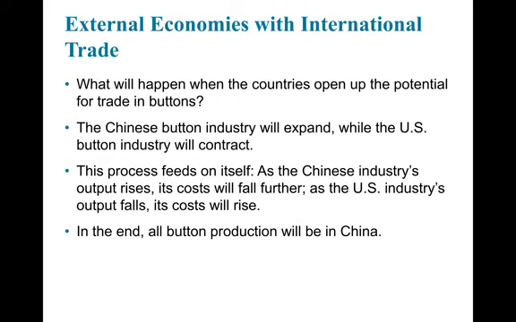China is going to be able to exploit external economies of scale and produce even more at an even lower price. And so Chinese industry output rises, costs continue falling, US industry output shrinks, costs go up.